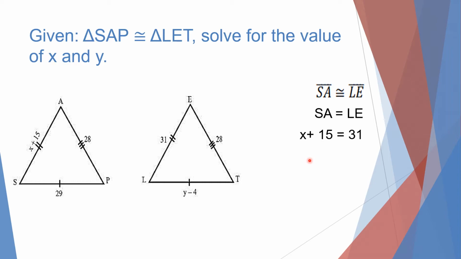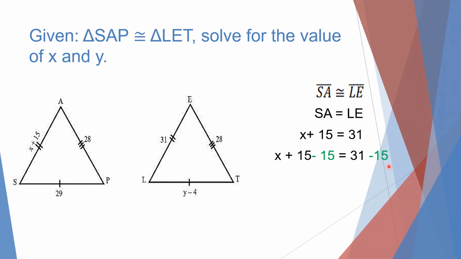Ang opposite niya ay negative 15. That's why, ang next step natin ay magiging x plus 15 minus 15 is equal to 31 minus 15. Kung mapapansin ninyo, pinalitan ko yung colors niya para ma-identify ninyo na pareho ko siyang ginawa sa left at sa right side ng ating equation.